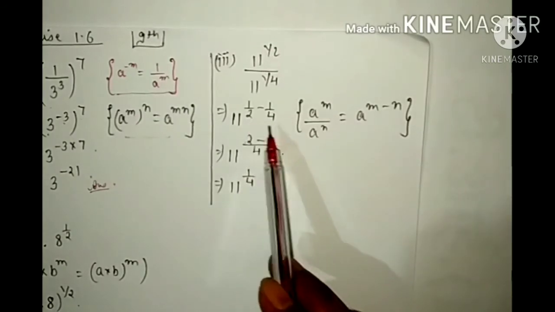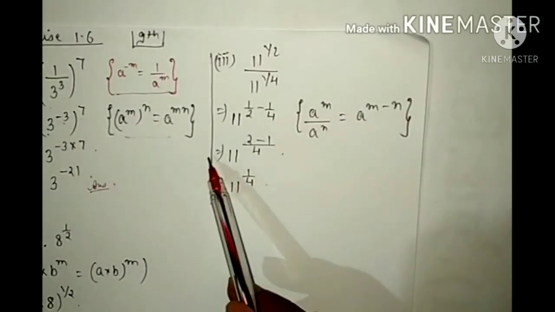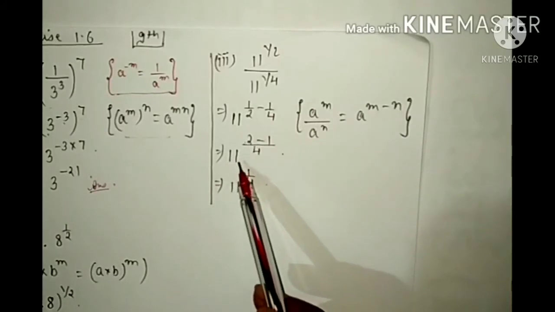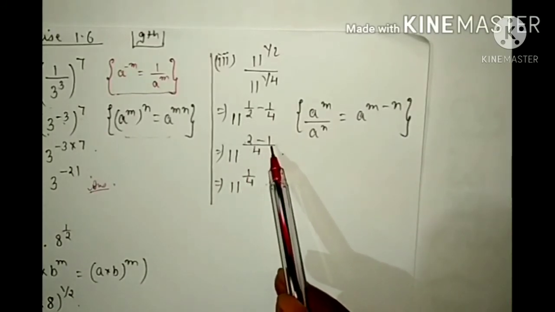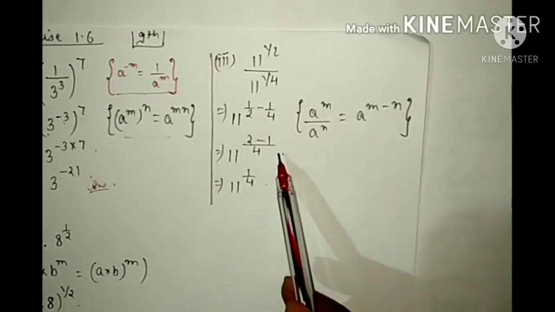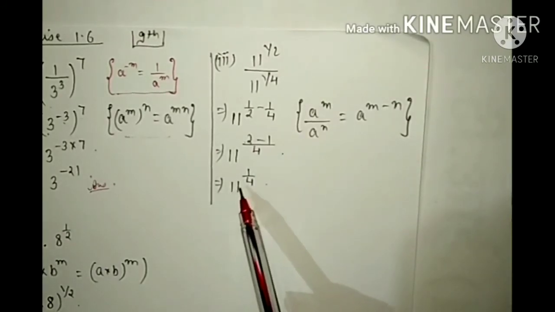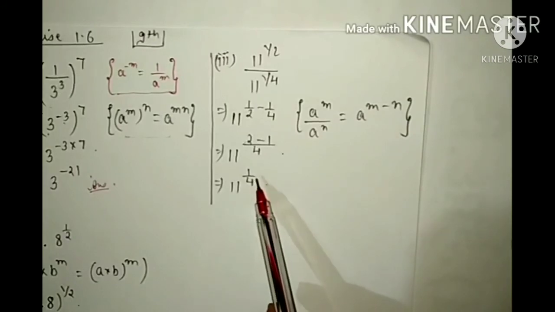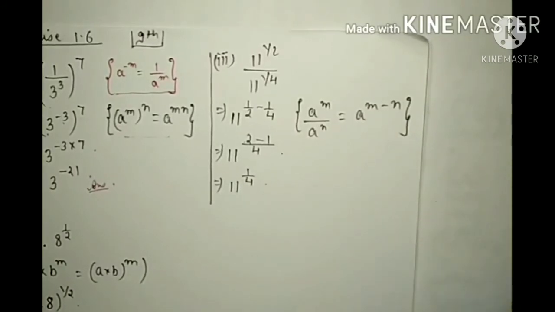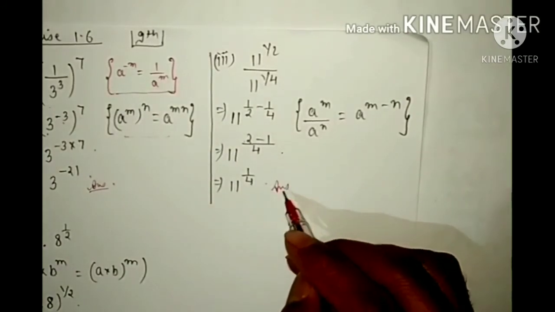Now the LCM of 2 and 4 is 4, so this will become 11 की पावर 2 minus 1 upon 4 after taking LCM, which will be equal to 11 की पावर 1 upon 4. This is your answer.